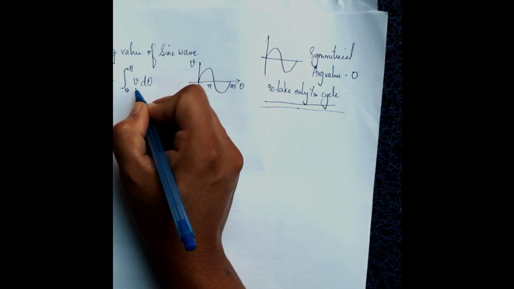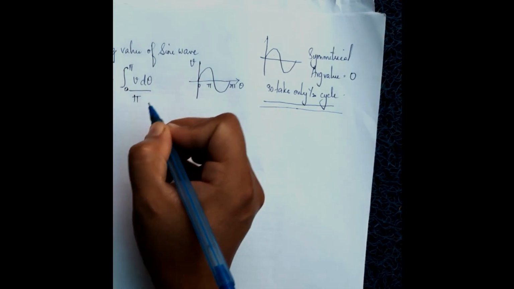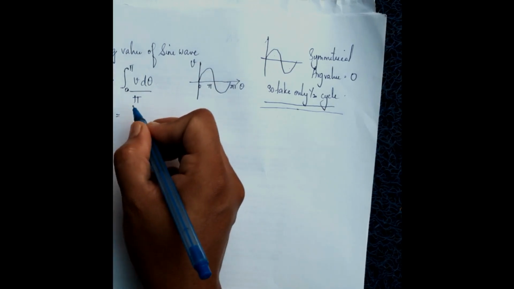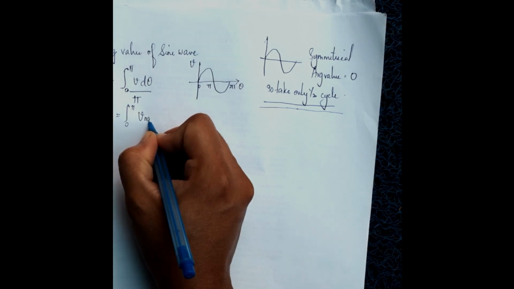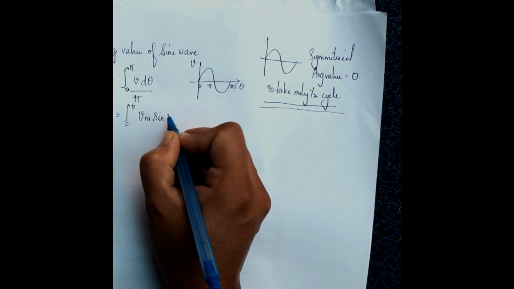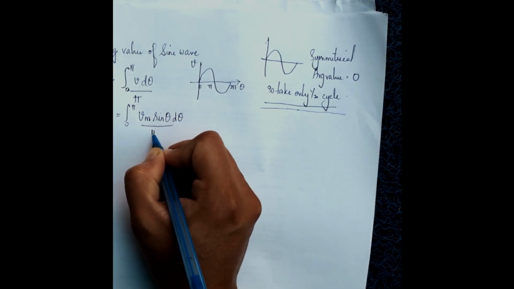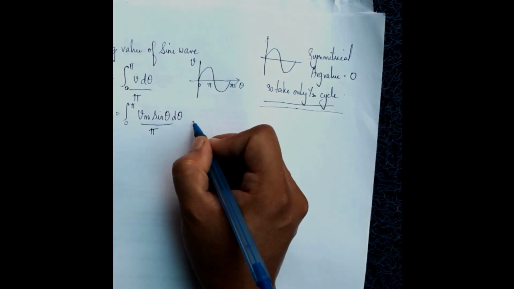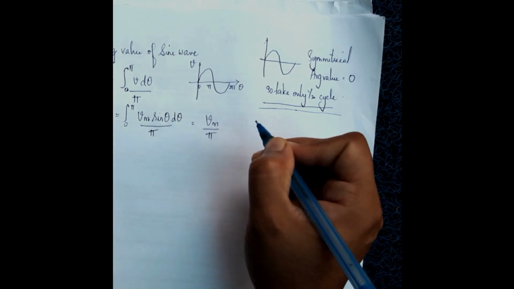Integral 0 to pi, we are taking only the half cycle, v d theta, divided by, we are taking only the half cycle, so pi. Substitute the value of v, very simple, Vm sine theta d theta by pi. Take out the constants Vm and pi.